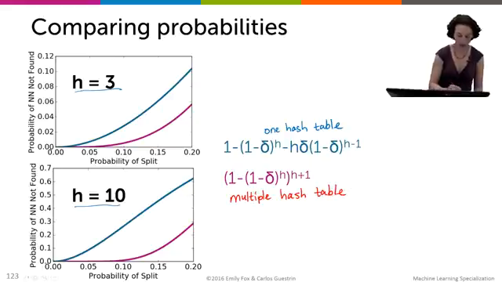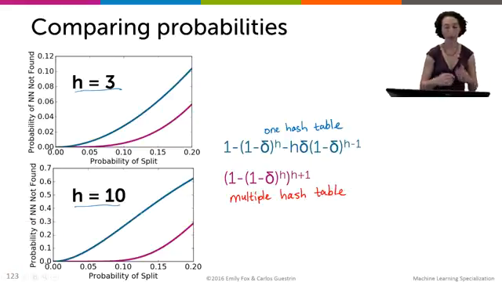And what we see in these plots is that now there's a much larger difference between the benefits of using multiple hash tables over a single hash table. That's especially true as we increase the number of lines that we're throwing down.